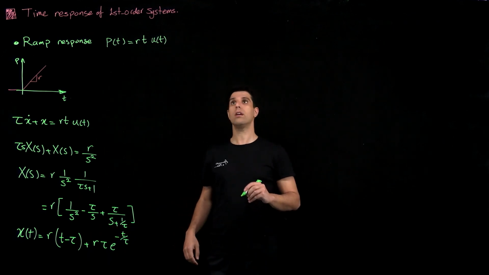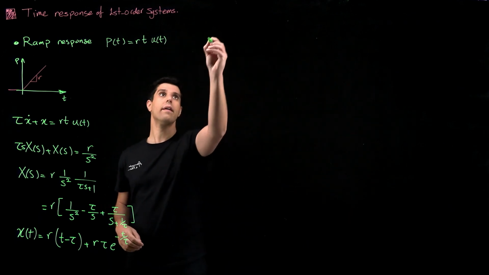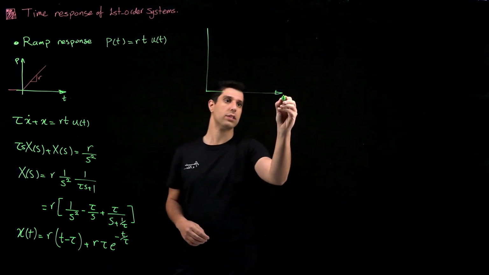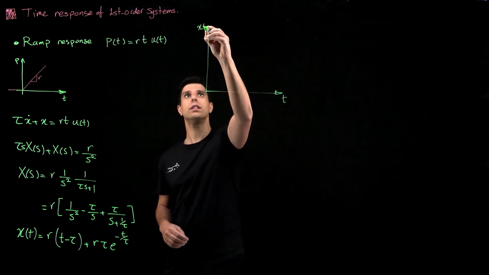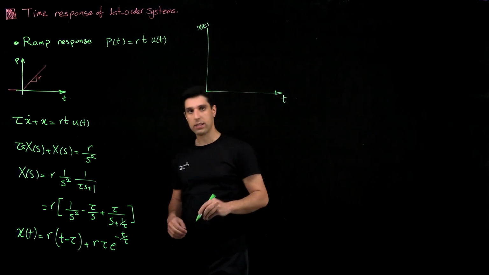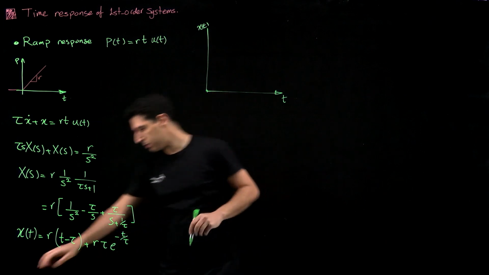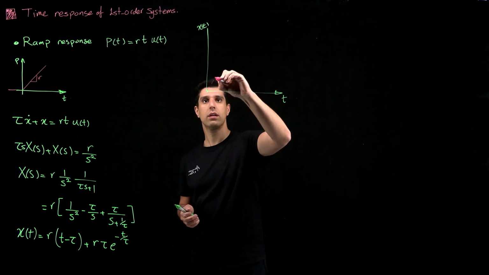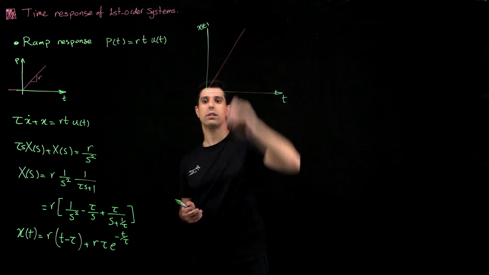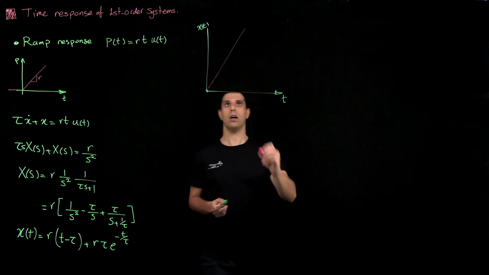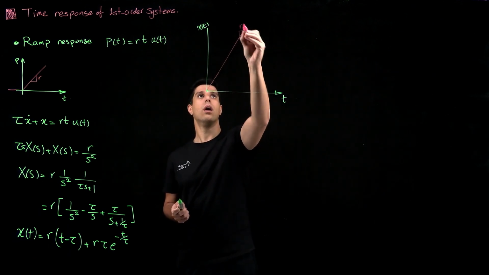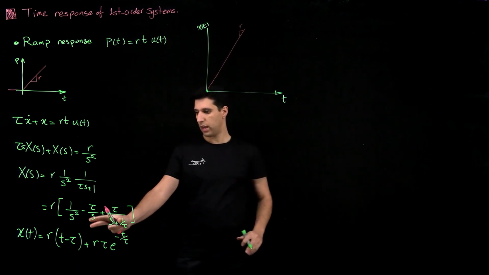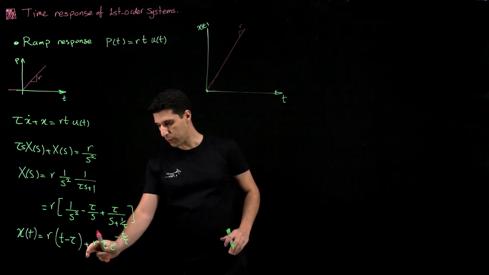And let me plot that here. If we plot the response as a function of time, this is x of t. I start at 0. Let me first plot the input. So this is my input, a line with some slope r. What this response does is, think of it this way.